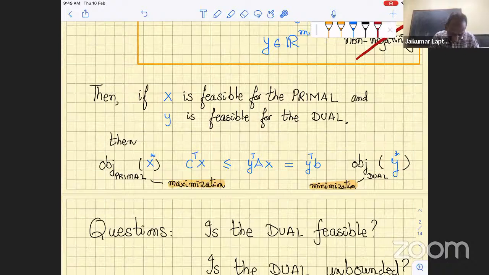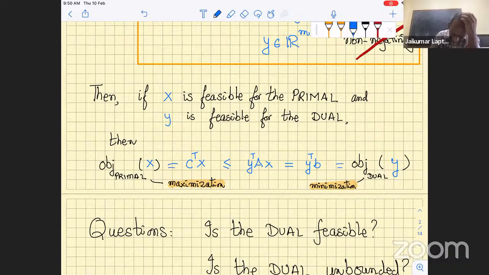Oh, I'm sorry, what I wrote was completely all right. I just said objective of the primal, and I somehow got confused and thought I had written optimum for the primal. Let me put it back.